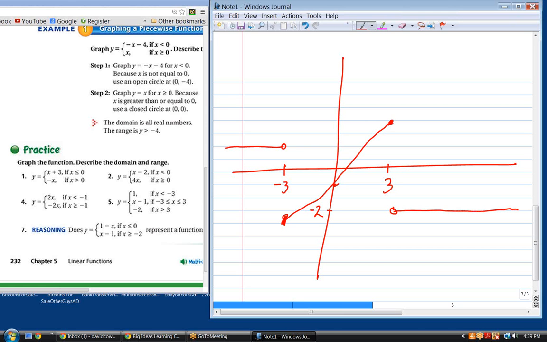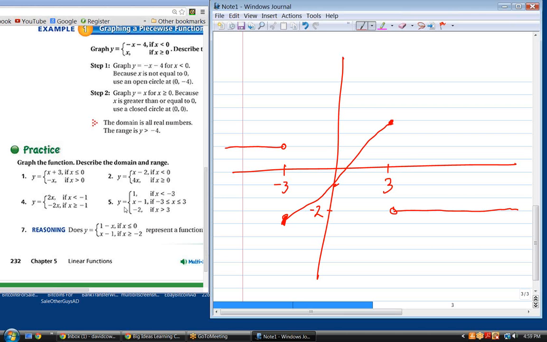But notice, what's the domain of that? Anything. All reals. What's the range? Minus 2 to, that looks like 4? Well, let's analyze what it is.